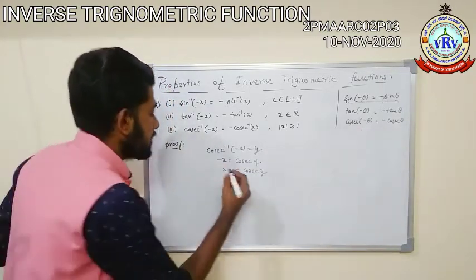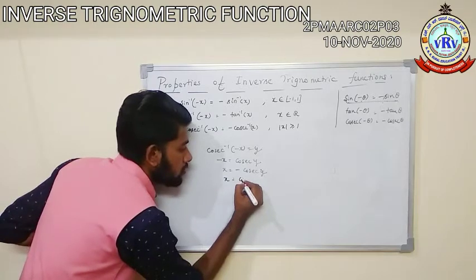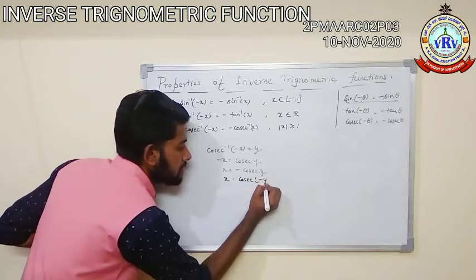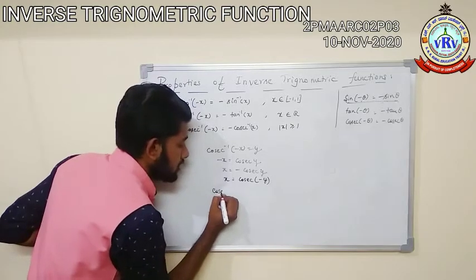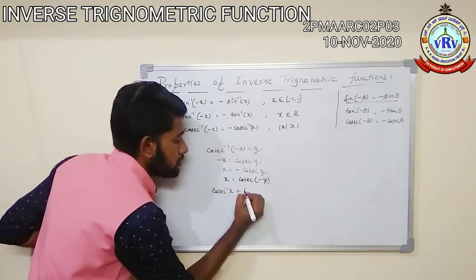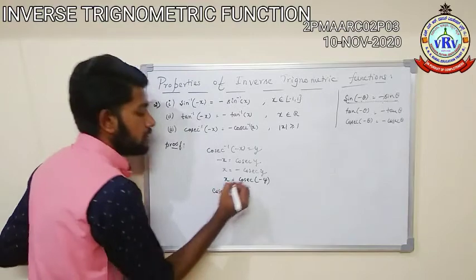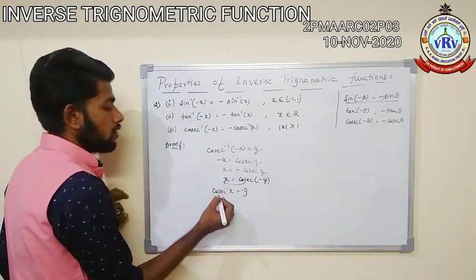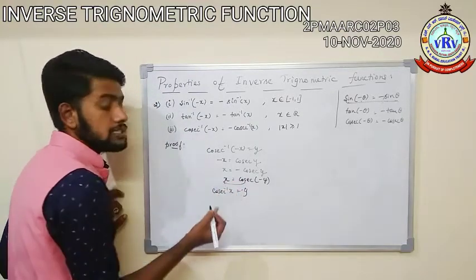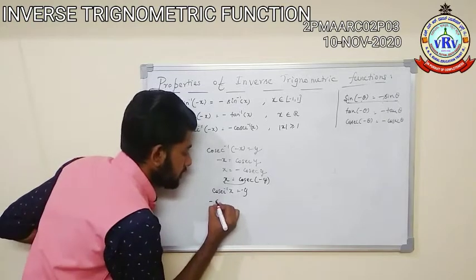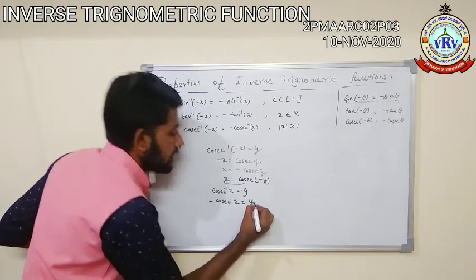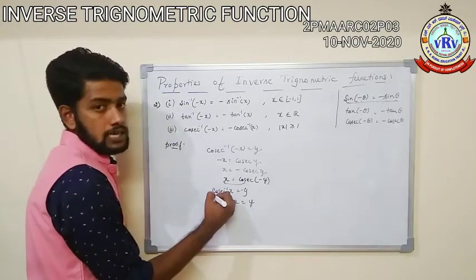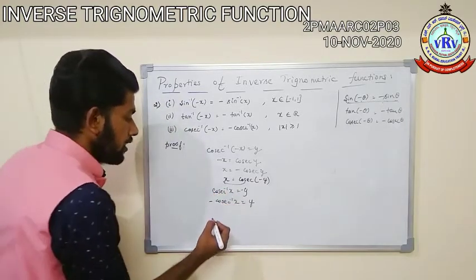So I am applying that here. x is equal to cosecant of minus y. Again, applying the cosecant inverse function on both sides, it becomes cosecant inverse of x is equal to minus y. Shifting the minus sign to the other side, it will be minus cosecant inverse of x is equal to y.